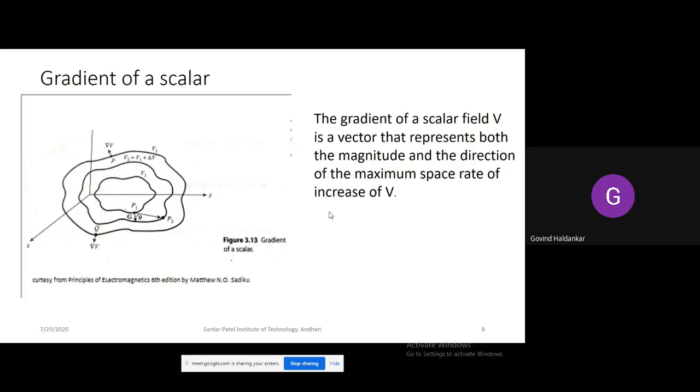And second, you'll be able to calculate a directional derivative. Suppose 2 points P1 and P2 are given, then G dot the vector along those 2 points; if you find the dot product, you will get a directional derivative. So these two things are possible to calculate using the gradient of a scalar.